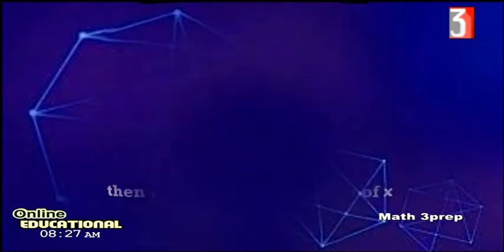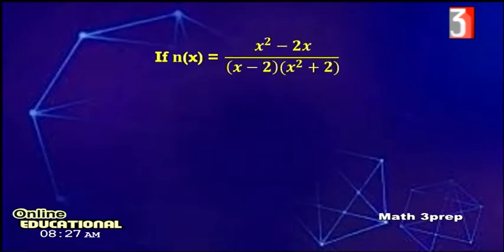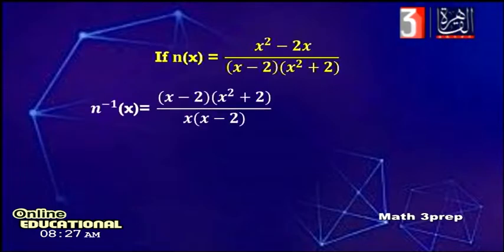So if n of x equals x squared minus 2x over (x minus 2)(x squared plus 2), then n inverse of x is the multiplicative inverse. So it is (x minus 2)(x squared plus 2) over x squared minus 2x. Then what about the domain in this case?